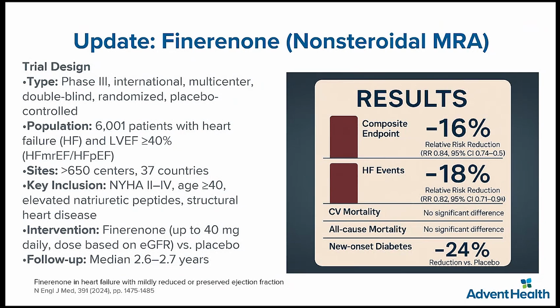And in this population, it resulted in significant benefits in the composite endpoint, which it reduced by 16%. This was largely driven by heart failure events, which were reduced by 18%. Interestingly, it did not impact cardiovascular mortality and did not impact all-cause mortality, which is different than the steroidal MRAs. Interestingly, the finerenone results show a substantial reduction in new-onset diabetes.